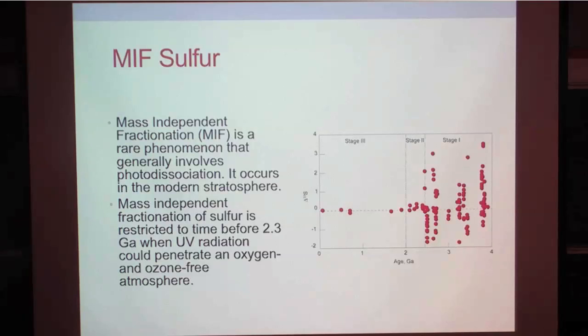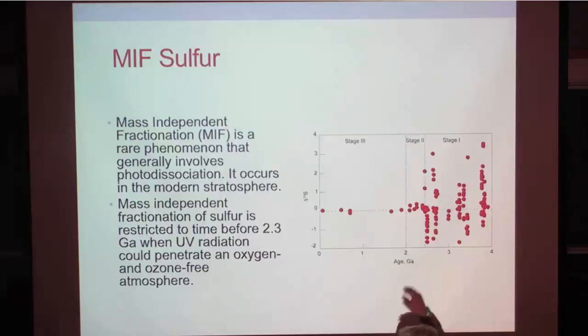And there's some theoretical reason to understand why this would happen. I don't have time to go into it, but it can happen under photodissociation. And if you look at sulfides and sulfates from the Archean, we see this mass-independent fractionation. This uppercase delta is a measure of the degree to which fractionation is independent of mass.